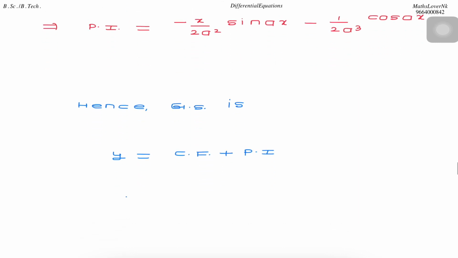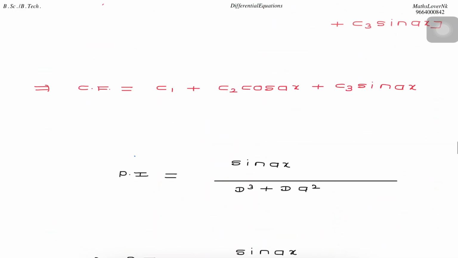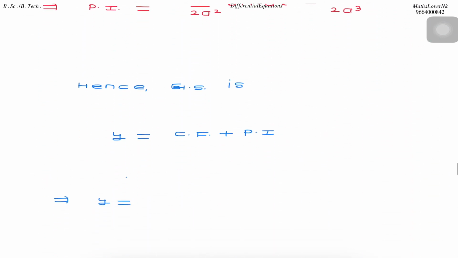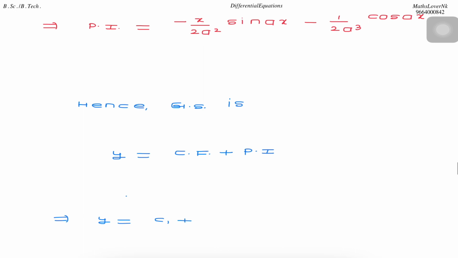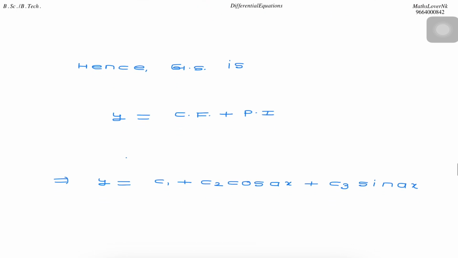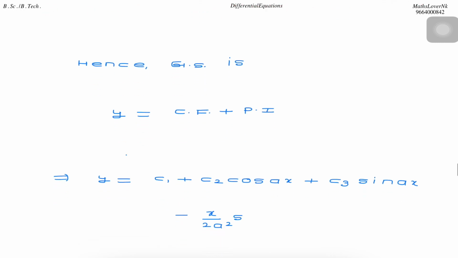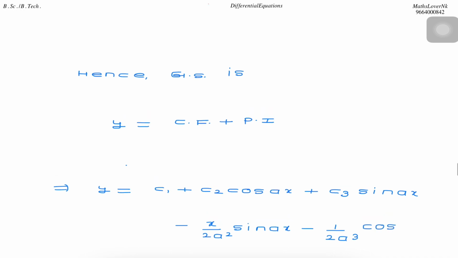So y = at first write down the CF, C1 + C2 cos ax + C3 sin ax, minus x upon 2a² sin ax, minus 1 upon 2a³ cos ax.